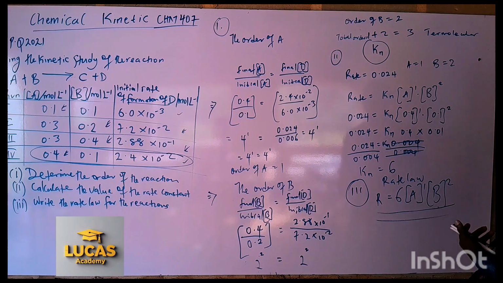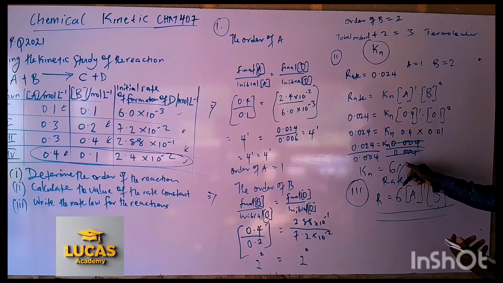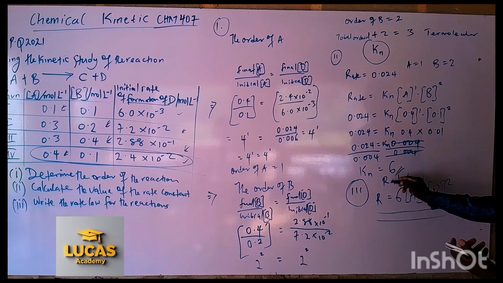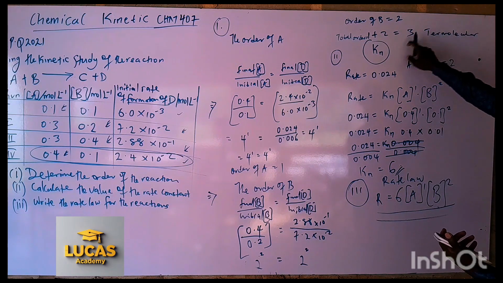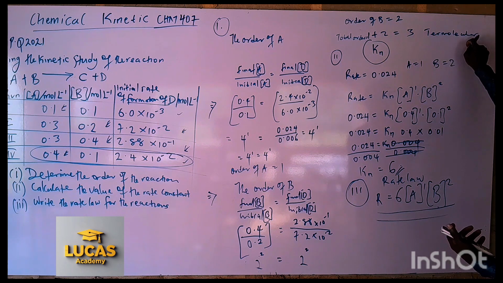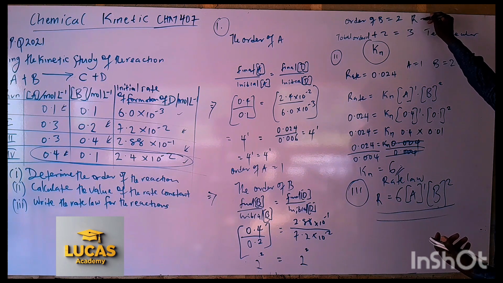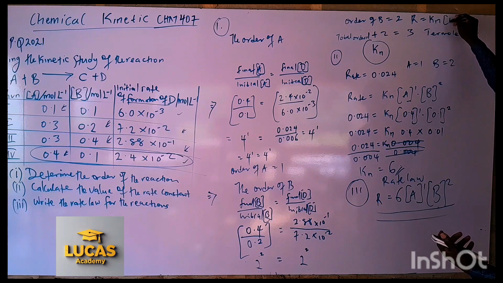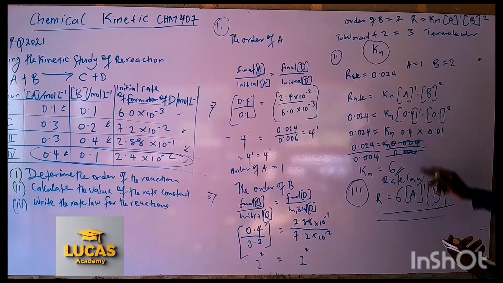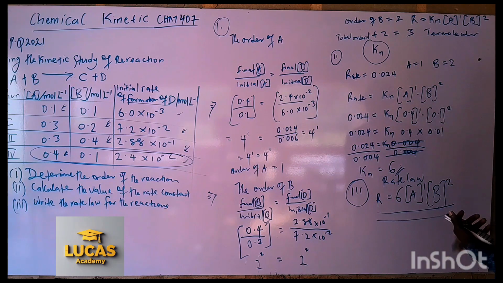That is the final answer to the question there. Take note of that, the final answer. In this place you have this as well. So in this one that you are reading here, you can have R equals Kn into bracket A raised to power 1 followed by B raised to power 2, exactly what I've written in this place. So that is what the question asks you to do.